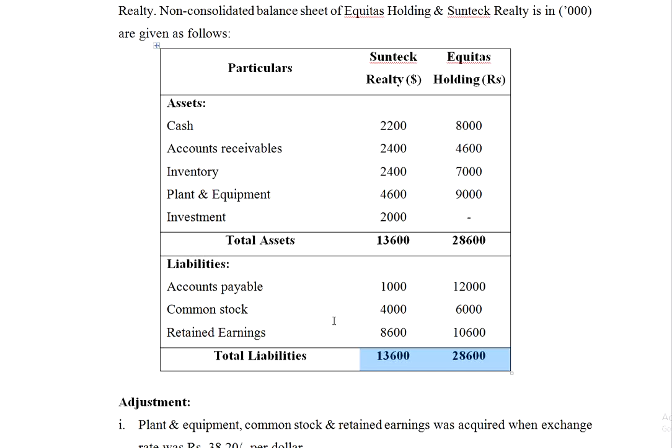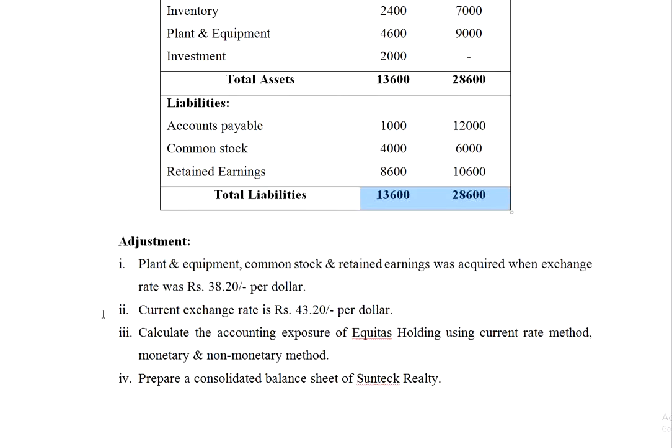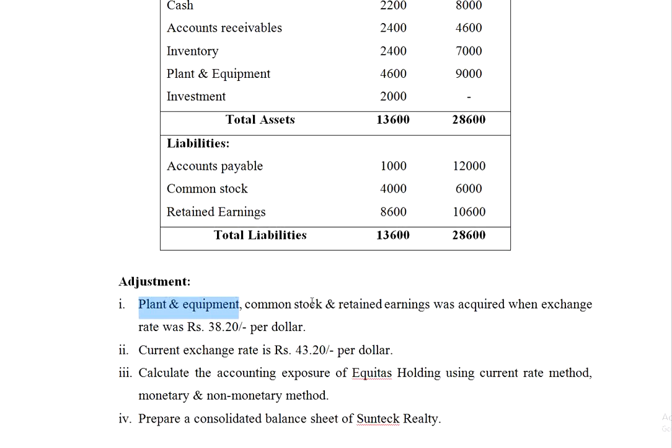So there are some adjustments which have been given here. Let us look into that first. He says that plant and equipment, common stock and retained earnings were acquired when the exchange rate was 38.20 per dollar, which means these three things: plant and equipment, common stock and retained earnings.